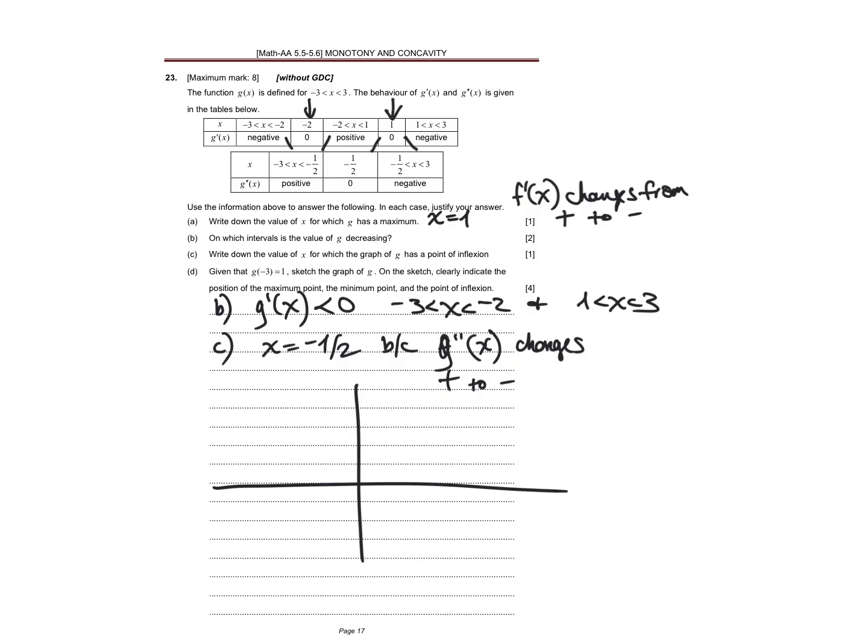So if we have g at -3 is 1, and so we have that it's negative gradient until -2, and then it's a minimum, and then it starts being positive till 1, it's a maximum, and then it goes back.